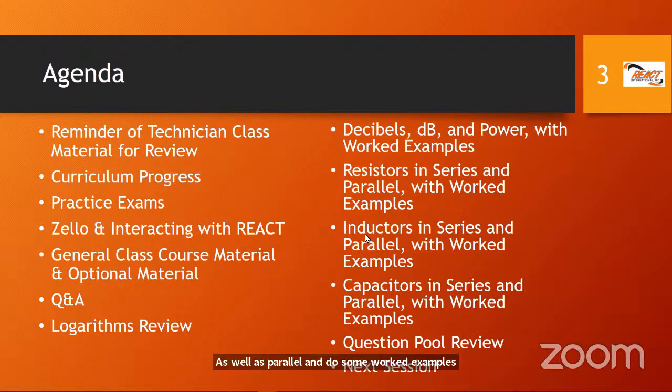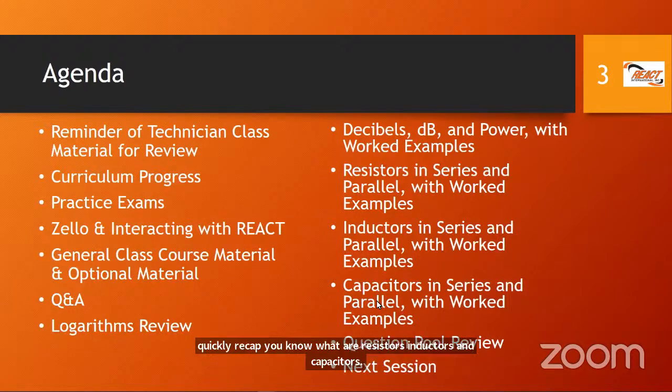Then we deal with other components called inductors, also connected in series as well as parallel with worked examples. And then we end off with capacitors, also in series and in parallel with worked examples. And we'll just quickly recap what resistors, inductors, and capacitors are in case there's anyone who has not yet covered these topics in the technician class.